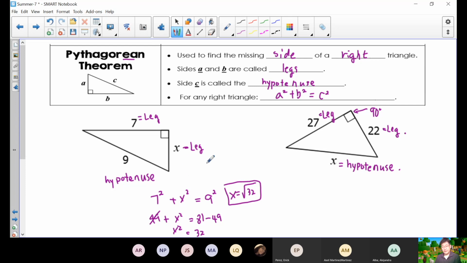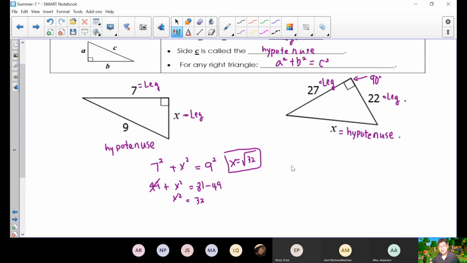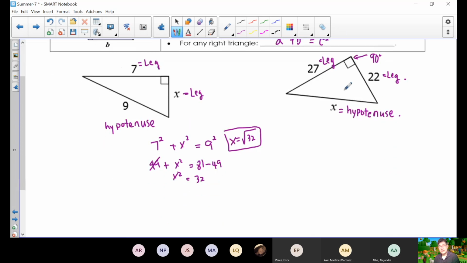All right. How about this one? This one is 27 square plus 22 square equal x square. So I will now calculate it. X equals what?